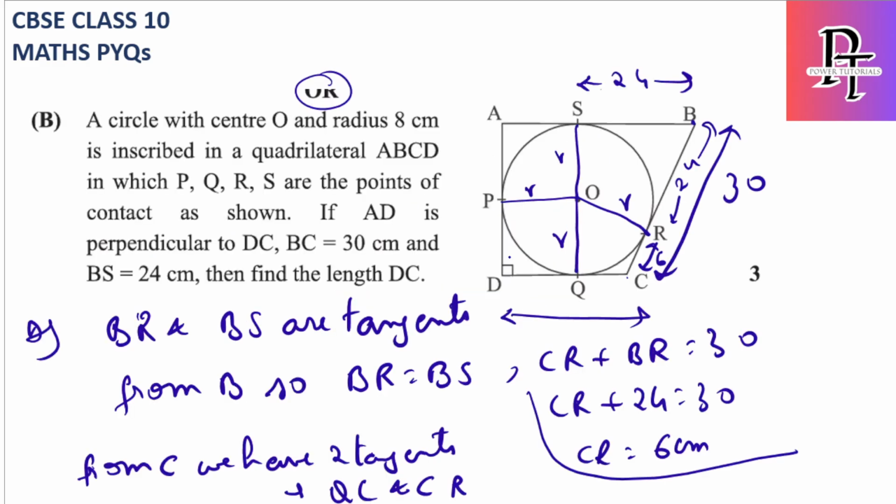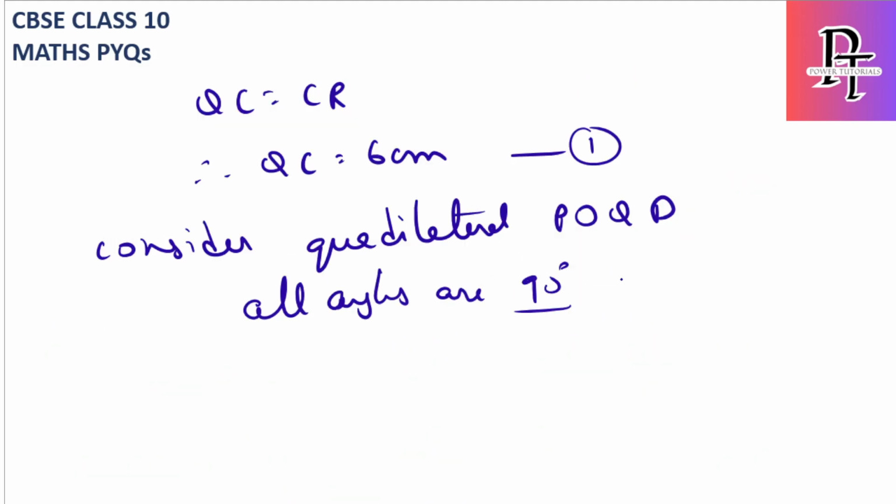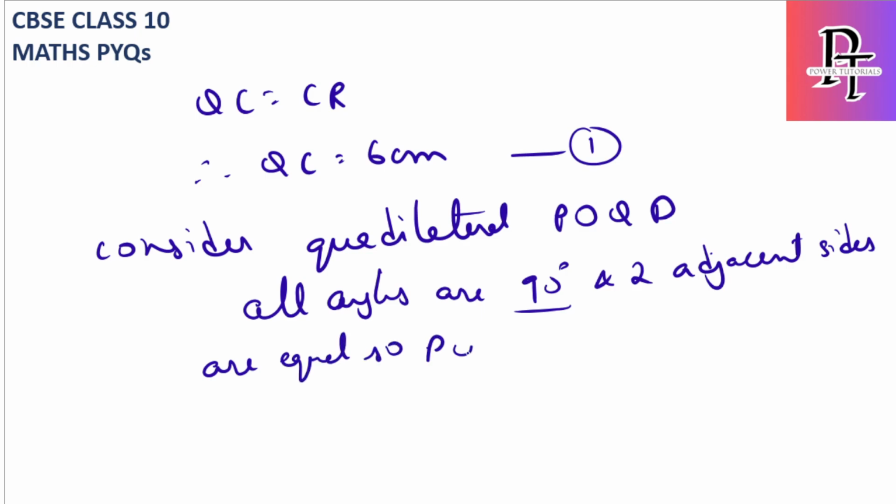You can see this is 90, this is 90, this is 90. Three are 90, so definitely the last one is also 90 degrees. All are 90 and two adjacent sides are equal, so PDQO is a square.